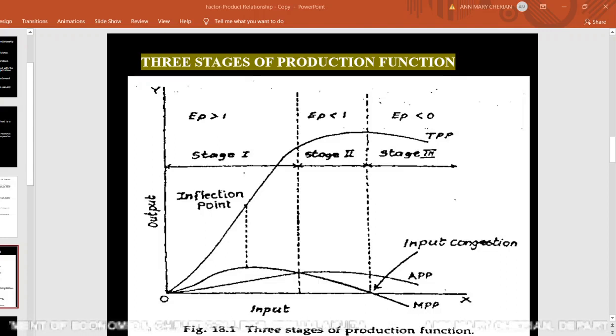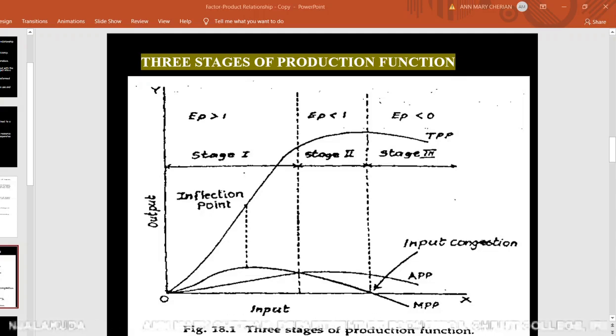Even though technical efficiency of variable resources declines, the technical efficiency of fixed resources is increasing in this stage. So production in stage 2 is considered efficient or rational.